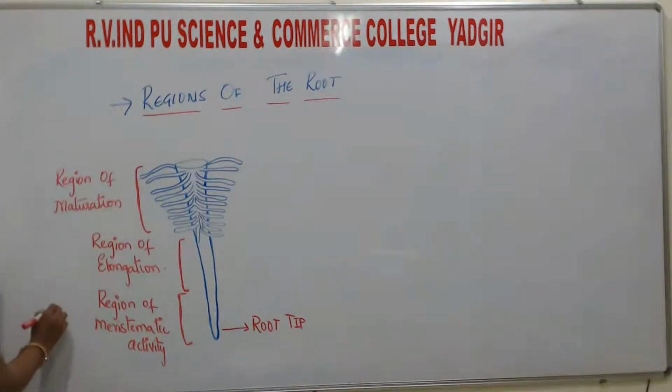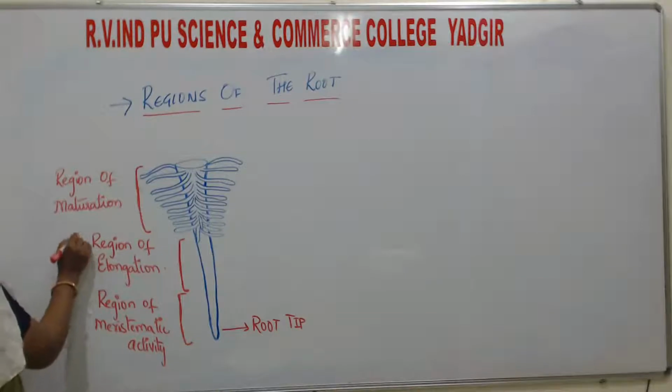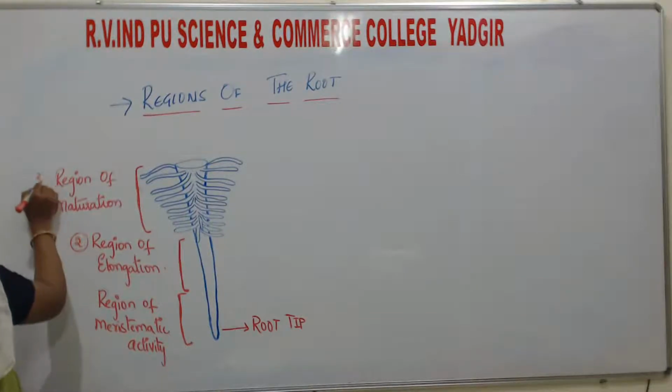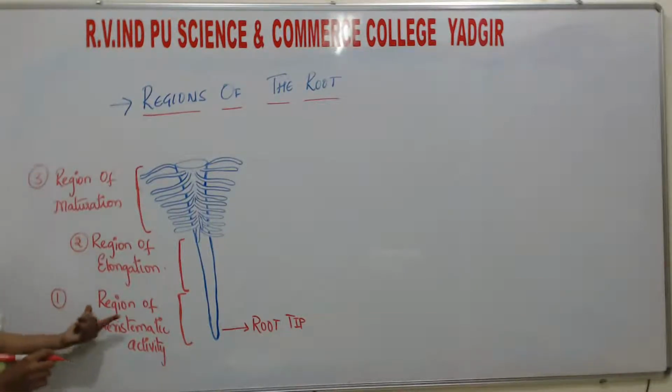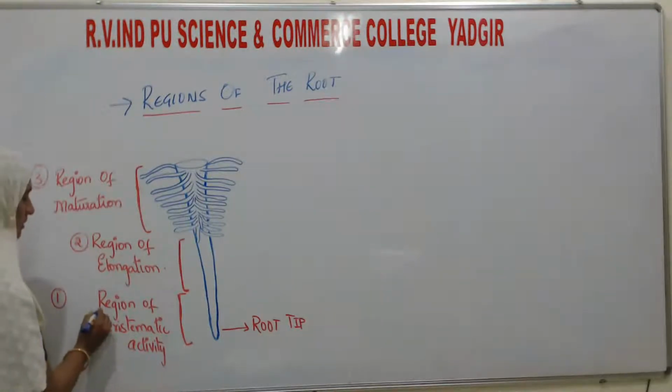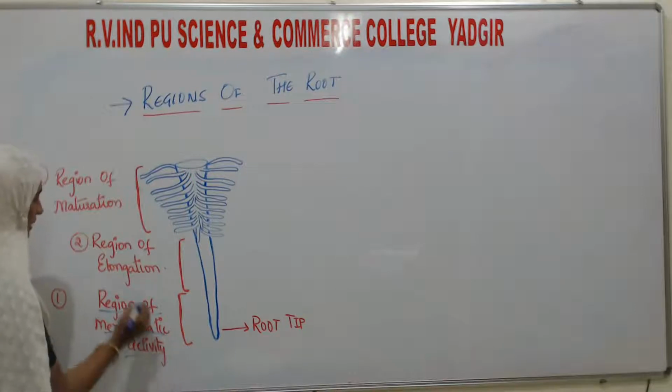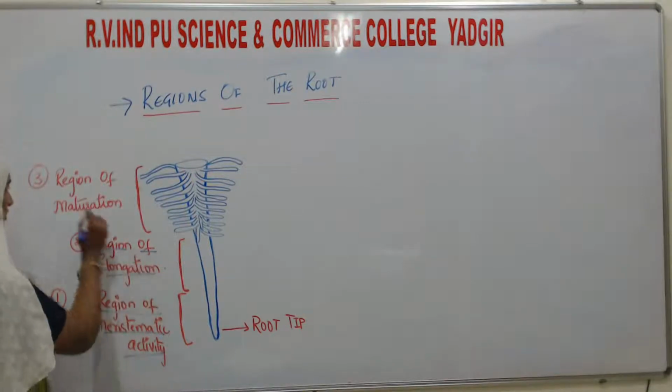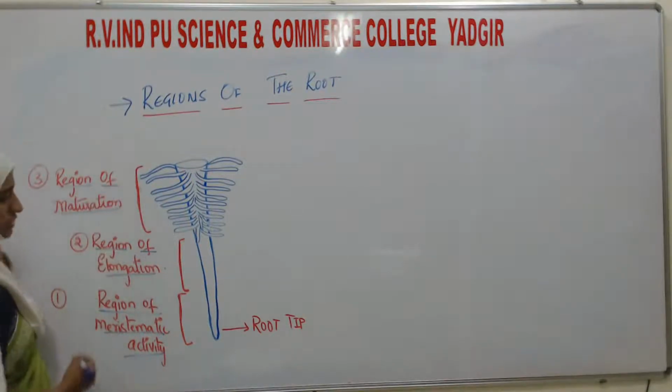How many regions? Region 1, region 2, and this is region 3. Region of meristematic activity, region of elongation, and next region of maturation.